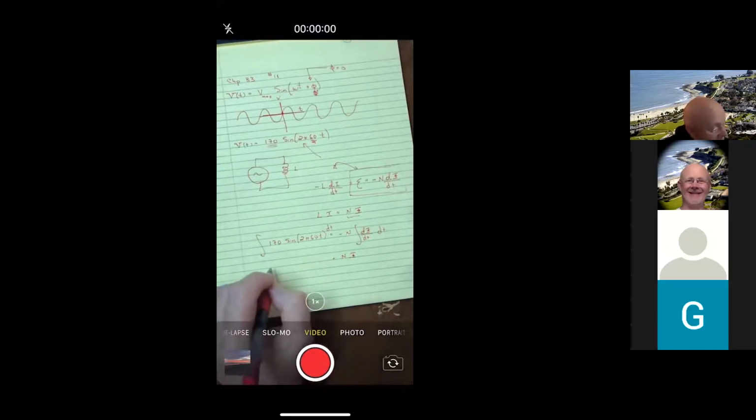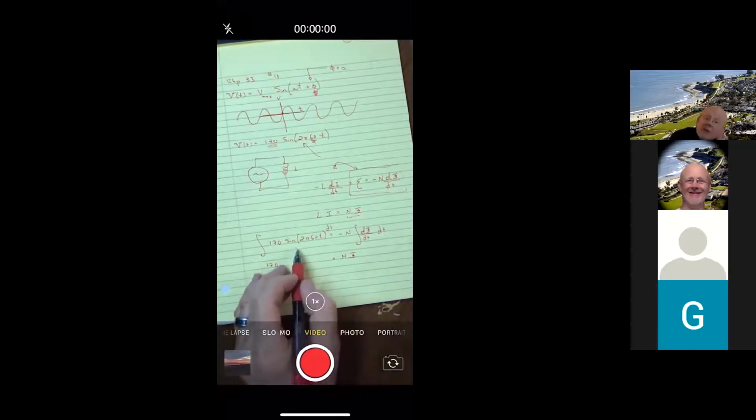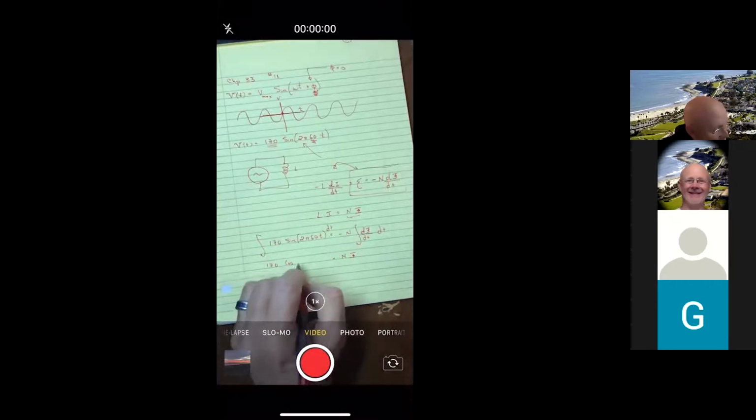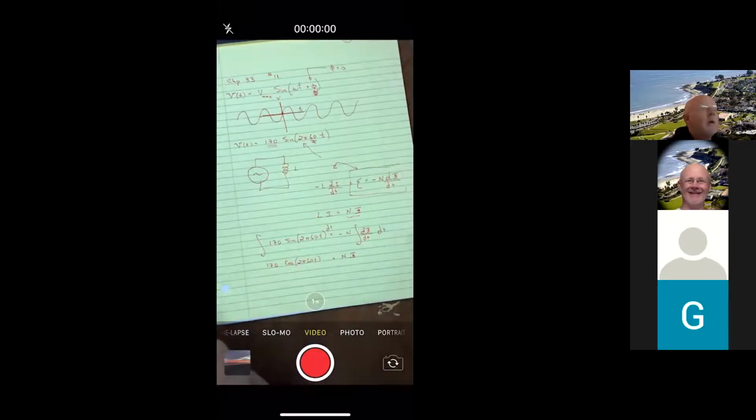And so on this side of the equation, I get the 170, let's see. So the integral of sine must be a cosine. Or is it a minus cosine?